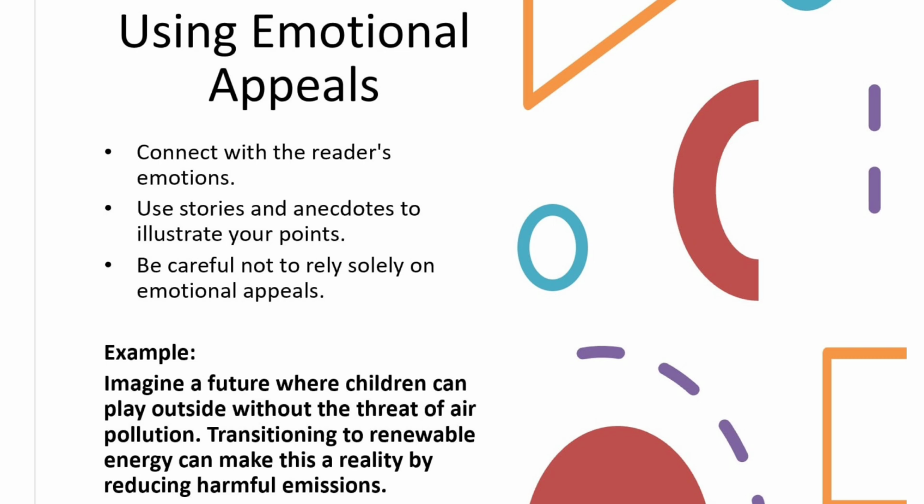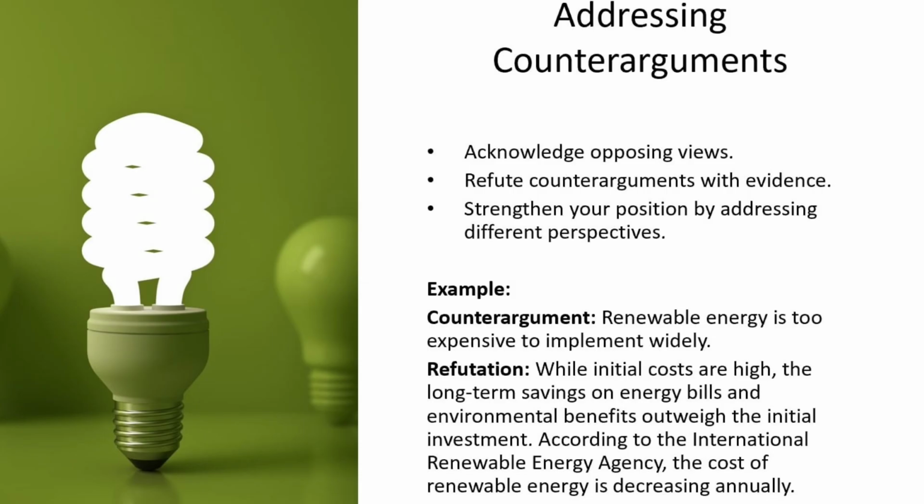Personal stories or hypothetical scenarios can help your reader connect with the issue on an emotional level. For example, imagine a future where children can play outside without the threat of air pollution. Transitioning to renewable energy can make this a reality by reducing harmful emissions.